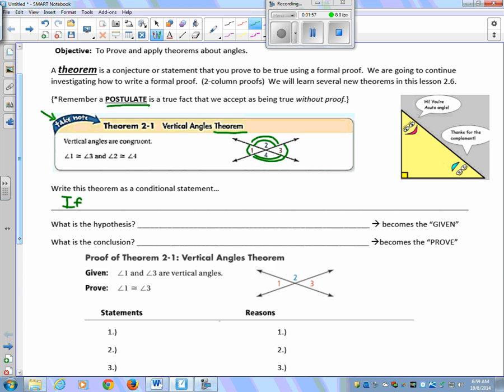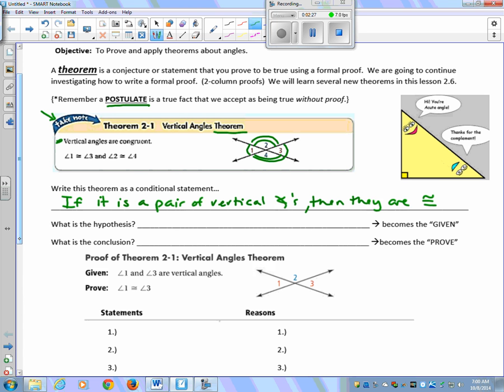If it is a pair of vertical angles, then they are congruent. So if you are asked to state the vertical angles theorem, which you may be asked to do, you would state either vertical angles are congruent, or if it is a pair of vertical angles, then they are congruent.